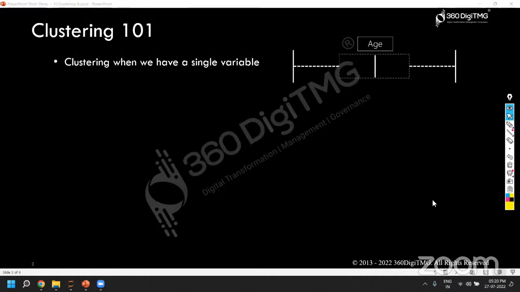Now, when you have a single value, you can directly group the data, split the data and say that, hey, from here to here, this is group 1, here to here, group 2, here to here, group 3, or whatever the groups are. For example, this is 0. Probably this is 15 years, I will say young, or maybe I'll say 12 here. And from here to here, I will say teens.